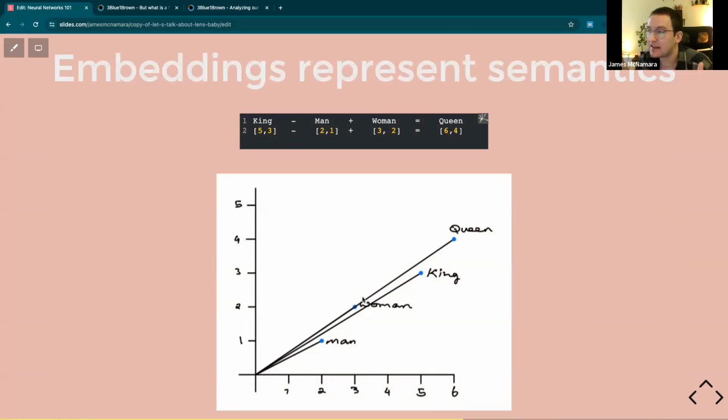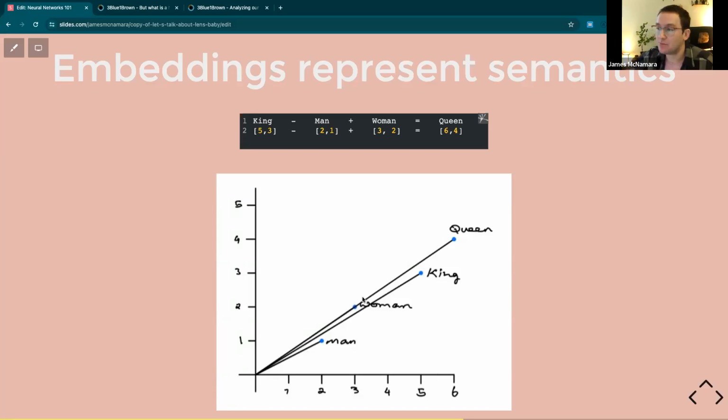And those embeddings, which is what they would call those 300 element vectors, represented semantics, and you could do mathematics with them. A very famous example from the paper was you would get a representation for, say, the word king and the word man and the word woman, and then you could do mathematics on those vectors. You could say, okay, let's take the vector for the representation of king, and let's subtract out the representation of the word man, and let's add to it the representation of the word woman.